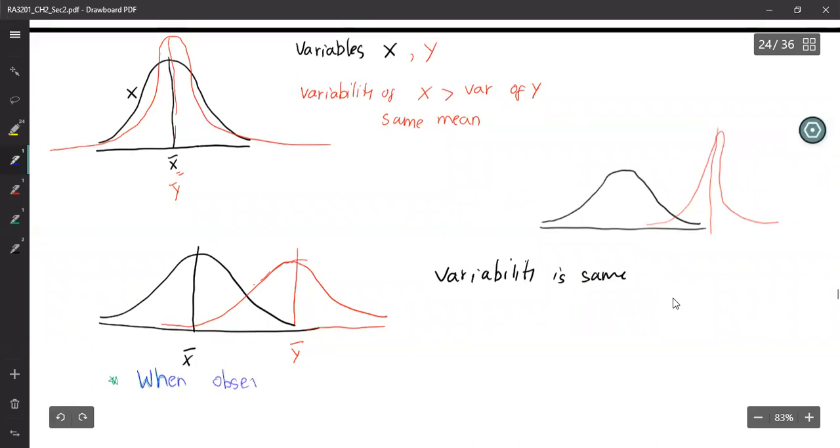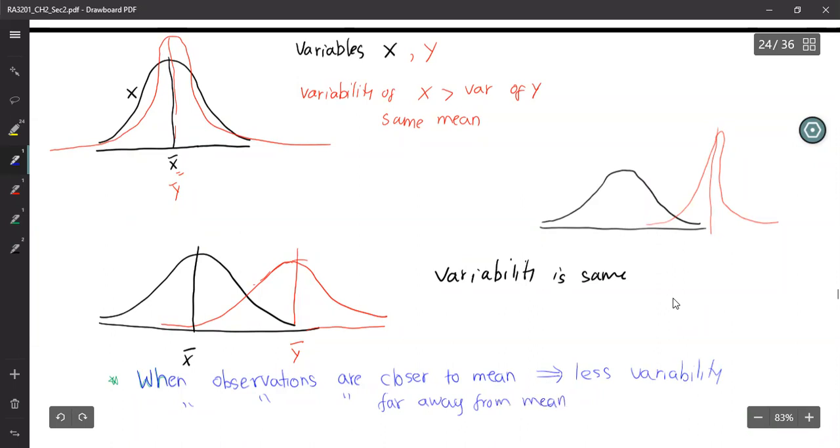When observations are closer to the mean, you get less variability. When observations are far away from the mean, you get high variability. Right. Any questions so far?